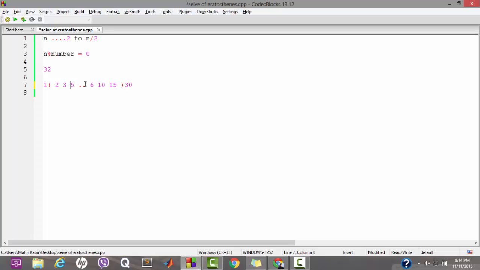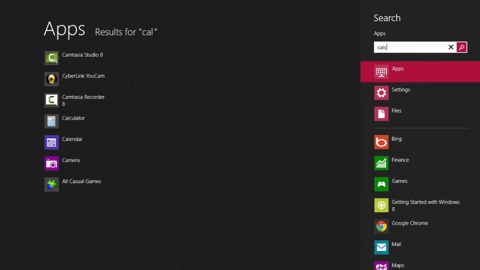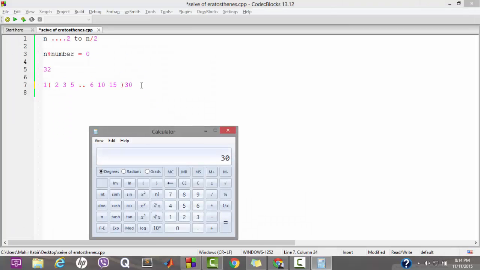As we can see, the square root of 30 is 5.47. If we truncate it to its nearest integer, we will get 5.